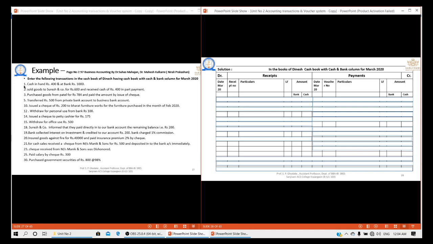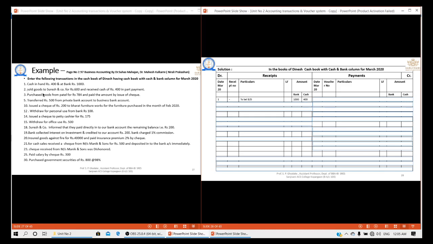So first, on 1st March, cash in hand rupees 400 and cash at bank rupees 1000. So it is in hand and at bank. So it is what? A receipt, because it is with us. So here we'll write on the receipt side, on first, to balance brought down, 1000 which is in bank and 400 which is in cash.